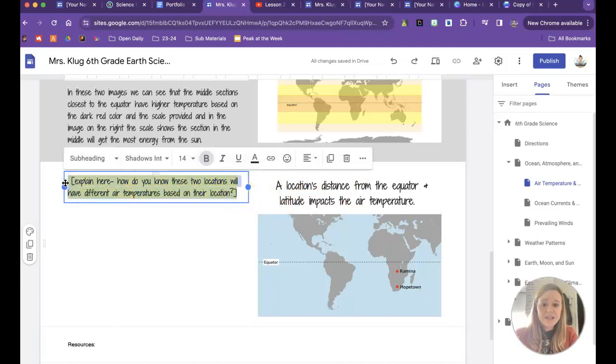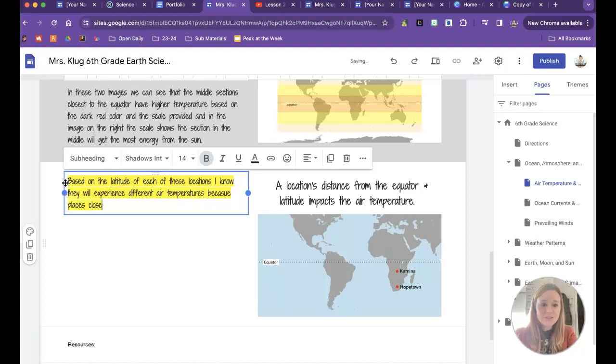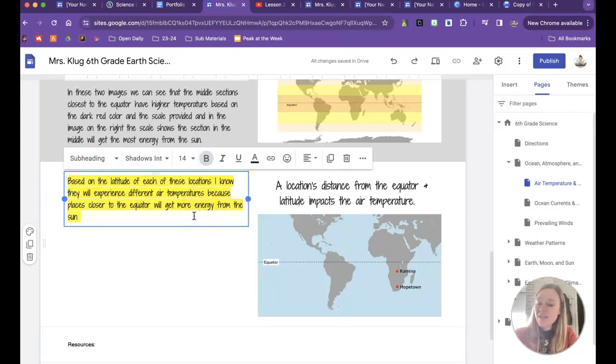So I might say, based on the latitude of each of these locations, I know they will experience different air temperatures because places closer to the equator will get more energy from the sun and have higher temperatures.